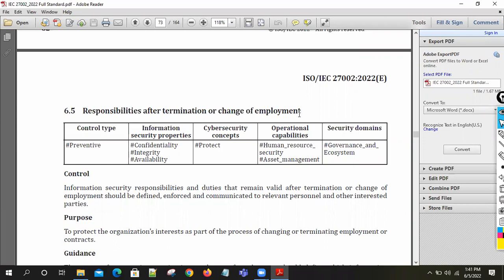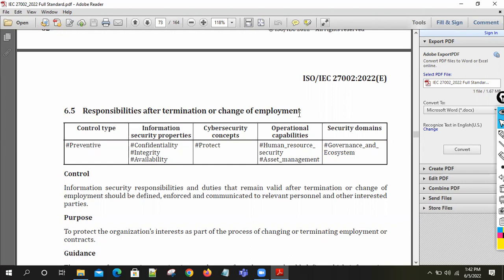When you leave one organization and join another, what is the obligation of your previous organization? This would be covered in 6.5, called responsibilities after termination or change of employment. Even when the company is terminating, there are certain roles and responsibilities you need to adhere to. So this risk has been identified. How has this risk been identified?